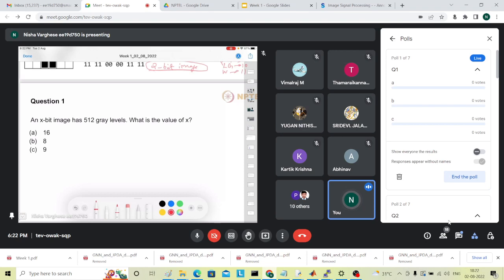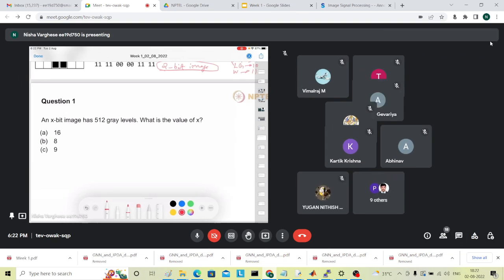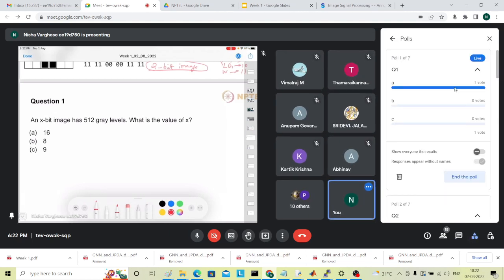Can anyone see the poll? Yes, ma'am. Okay. So just answer that poll. An X bit image has 512 gray levels. So what is the value of X? So I have already said first one was a 1 bit image, second one was a 2 bit image.